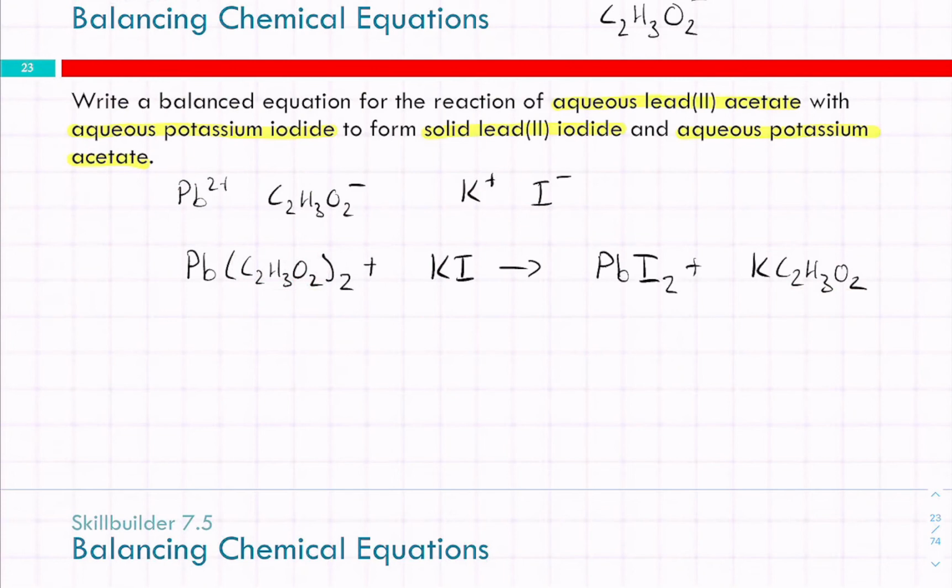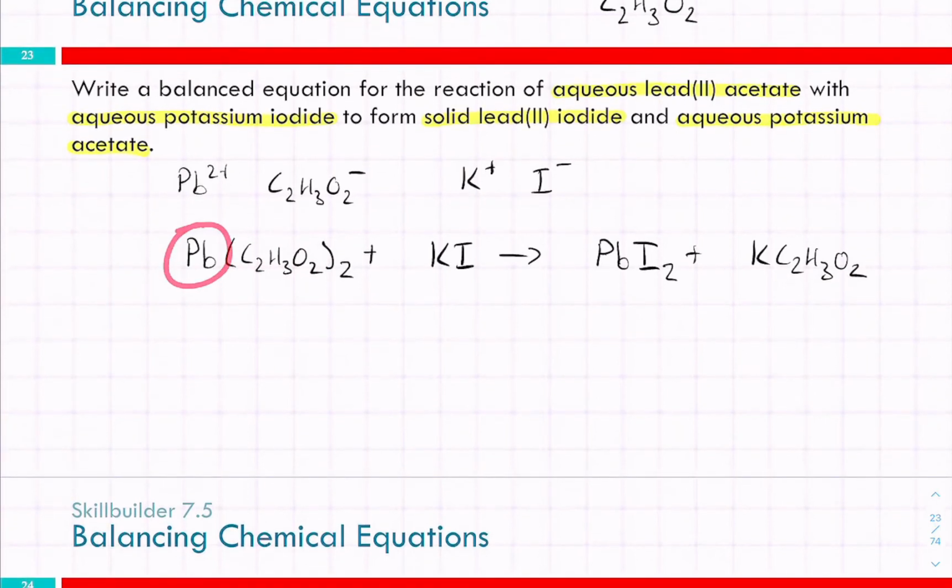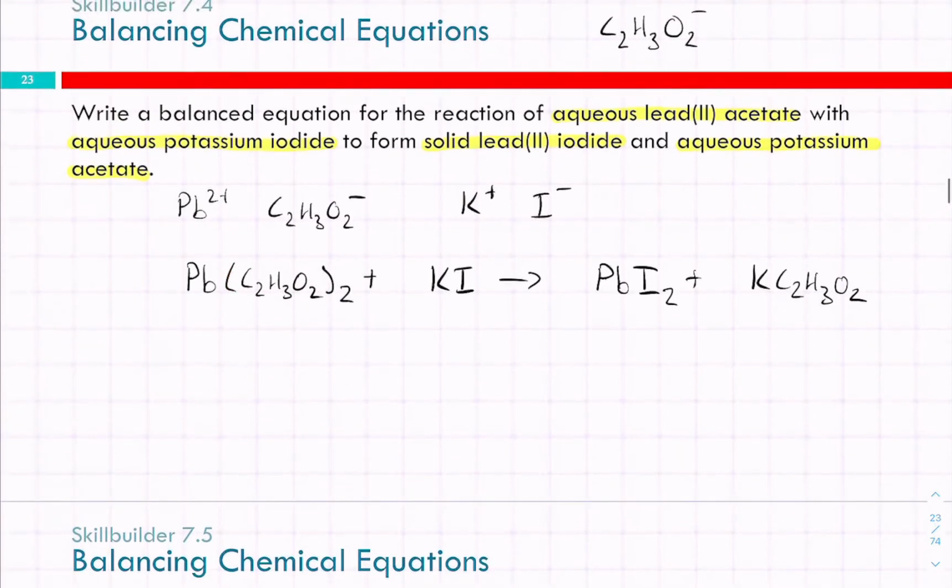So usually in this scenario, I'll just start on the left. So if we start with lead, my strategy for problems like this, where there's no obvious starting point, is start with something, and then just sort of bounce from one element to the other, balancing things as you need to.